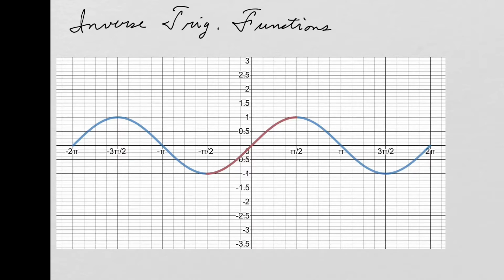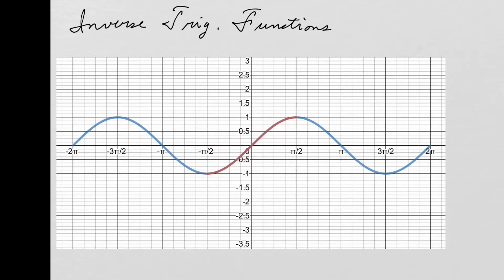So in this case, what I did was I restricted the domain of the sine to be just between negative pi over 2, so right here, and pi over 2. So just this red section. And that section is one-to-one, right? First of all, it's a function, so it passes the vertical line test. In fact, the original sine function is a function as well. But in this case, it also passes the horizontal line test.